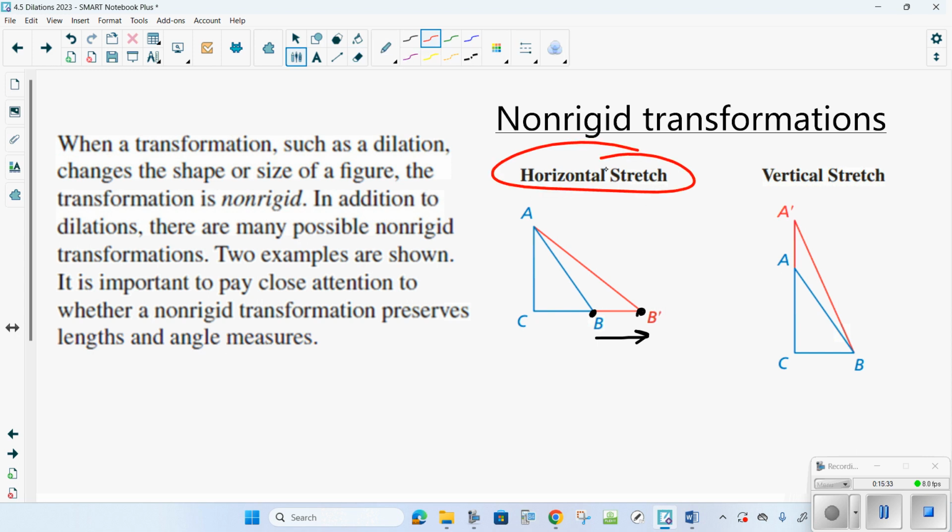And if you only stretch one point, so notice we're only stretching A here, that's a vertical stretch, that changes the shape completely. At least with the dilation, you're blowing it up and you're making all of the sides bigger. This one, you're only increasing one side of the triangle.